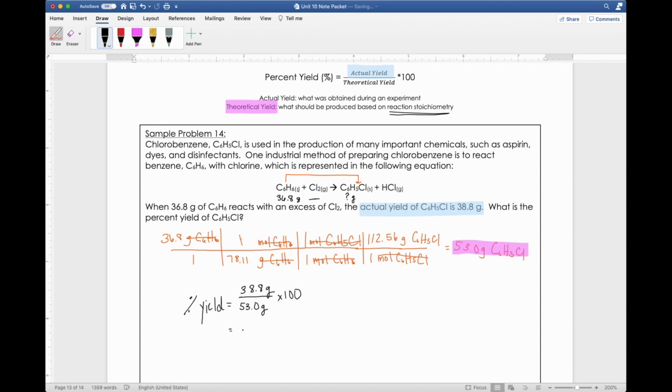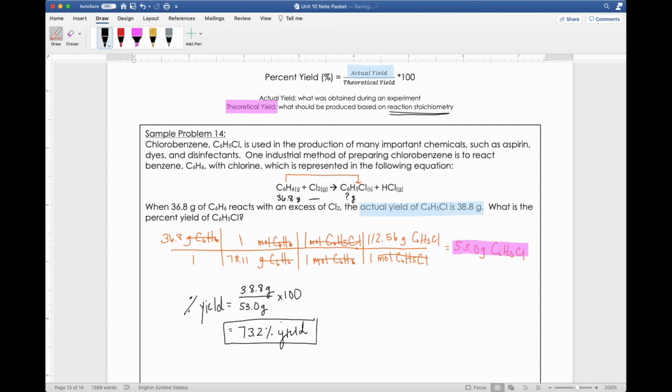And when you solve for that, you should get 73.2%. And you don't have to write yield at the end, but I'm going to. So that means that as a result of this reaction, you only produced 73.2% of what you should have produced.